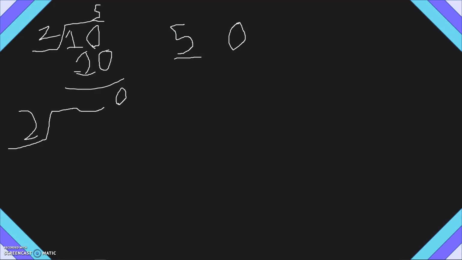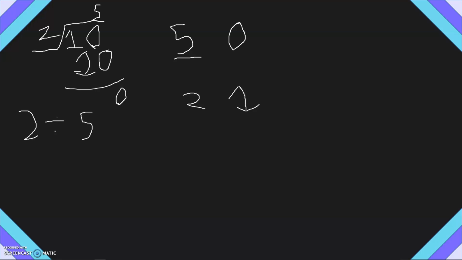So I'm just going to erase this, and we're going to do 5 divided by 2. This is just going to be the whole number, so it's not going to be 2.5. It's just going to be 2, and then a remainder of 1.